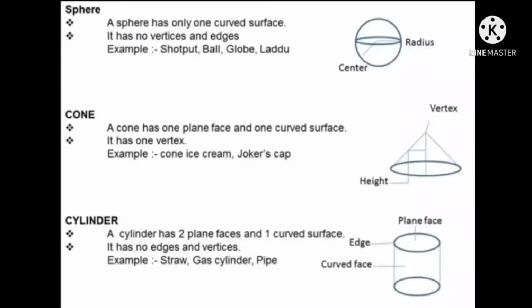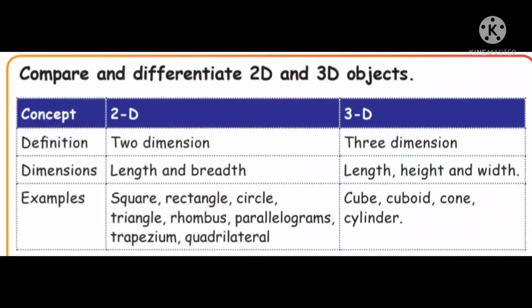Cylinder. A cylinder has two plane faces and one curved surface. So here we have two faces and one curved surface. It has no edges and no vertices. Examples: straw, gas cylinder, pipe.